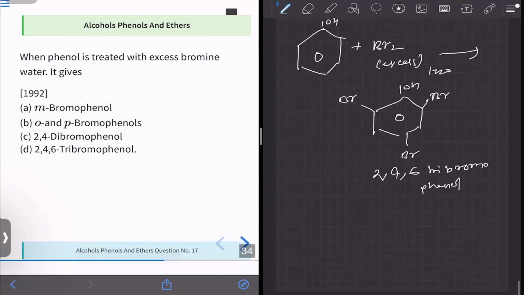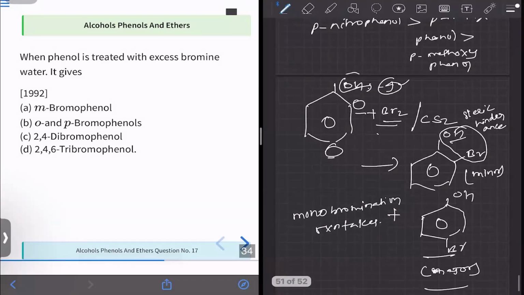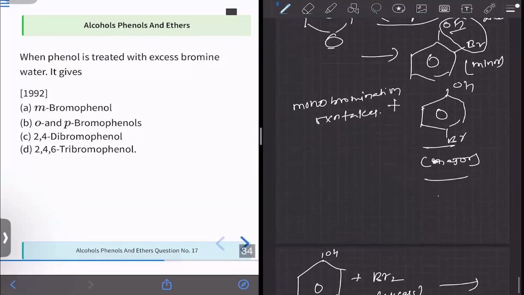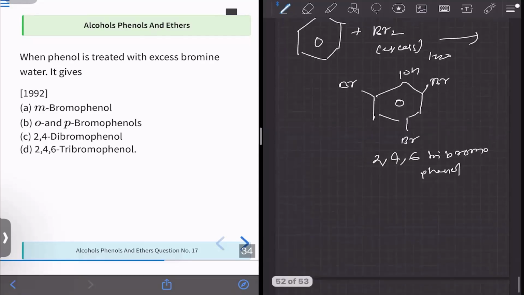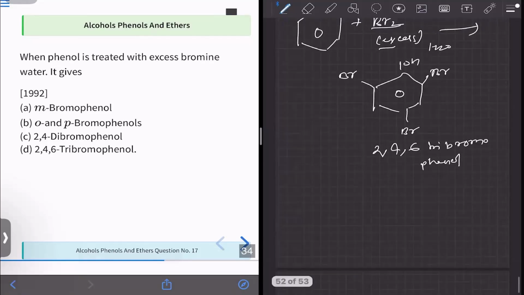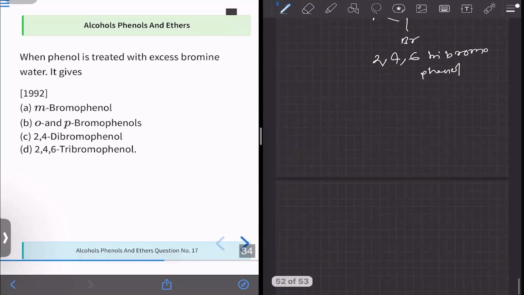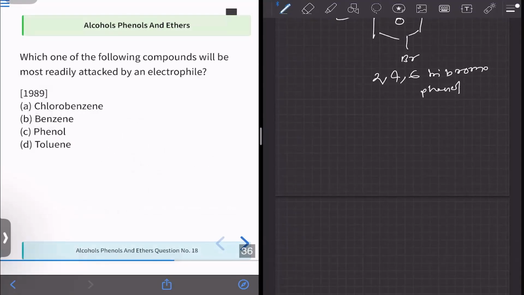So in the presence of bromine in CS2, it gives a monobromination reaction where the para compound is major in quantity as compared to the ortho compound due to steric hindrance at the ortho position. In case of excess bromine, it produces 3 bromines at ortho, para, and the other ortho. So it gives 2,4,6-tribromophenol. It is option D. Next one.